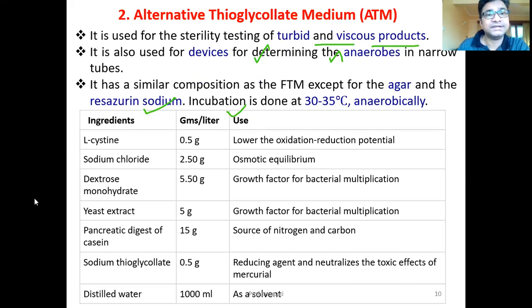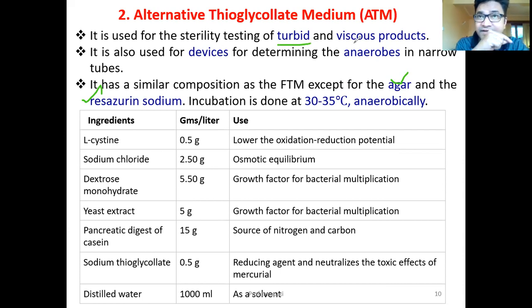One more is the alternate thioglycolate medium. The difference between the previous one and this is that it doesn't contain agar and the resazurin indicator which we mentioned. And one more important thing is that it is used to test turbid and viscous products.